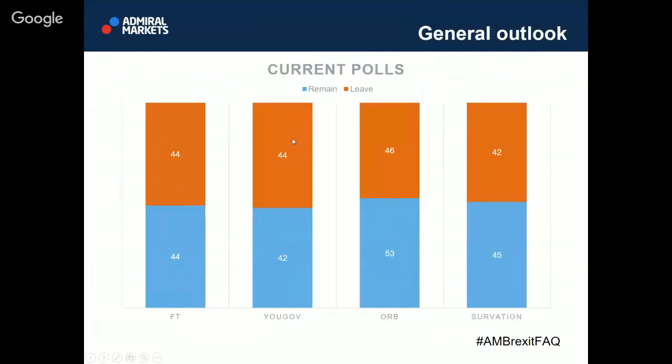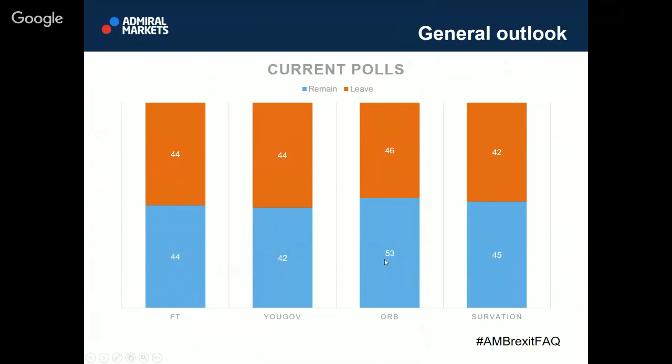Now, let's get on to the general outlook. As I said, these are current polls. This is the FT, Financial Times, poll of all polls. It takes all polls into consideration, and we see that 44-44 is the result. Now, for YouGov, it's 44-42 for Leave.